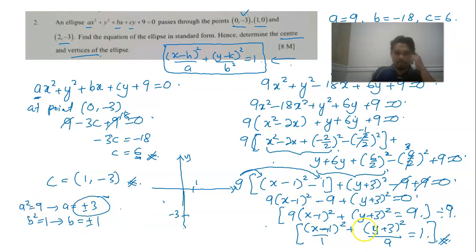The measure belongs to y, so y will be something like this. Okay, so the measure axis for y here. Now, 1 plus 3 equal to 4.